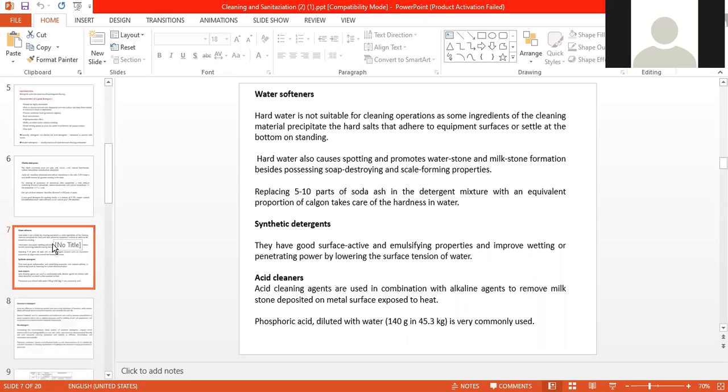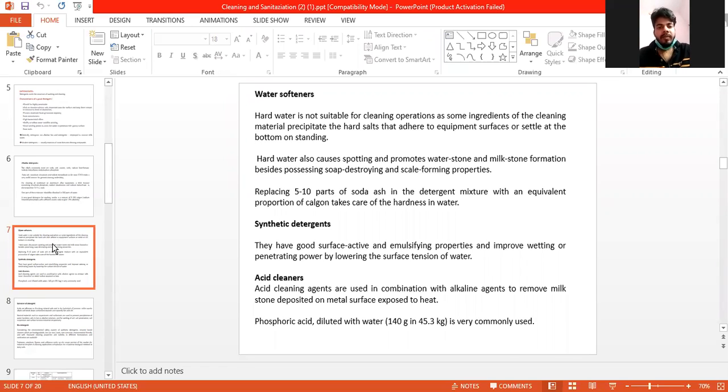You can always see a softening plant in the dairy, so that we can get soft water. When we use hard water, we encourage fouling on the equipment, so there may be more soil and more milk stone on your dairy equipment.